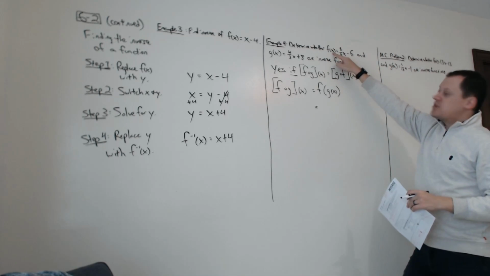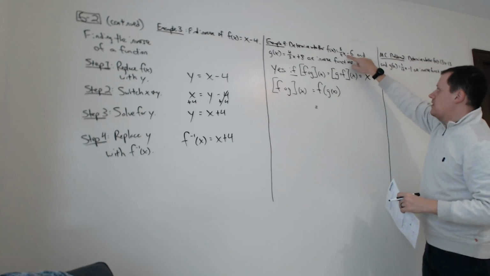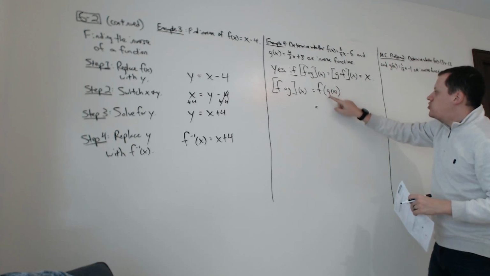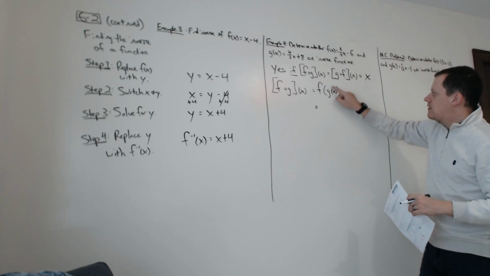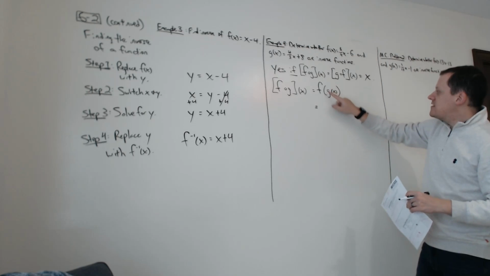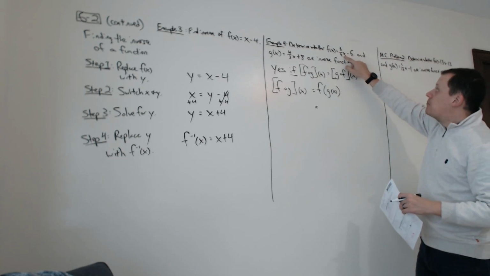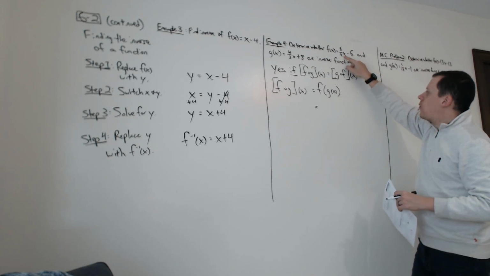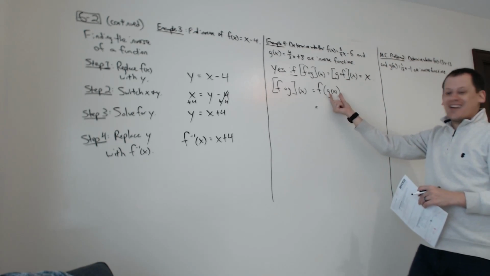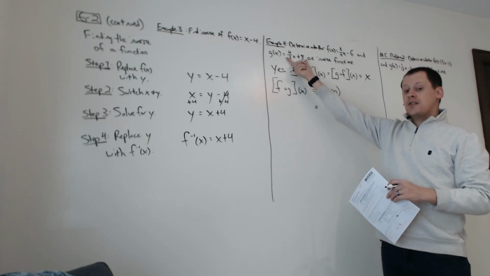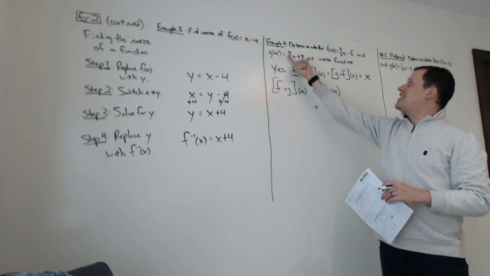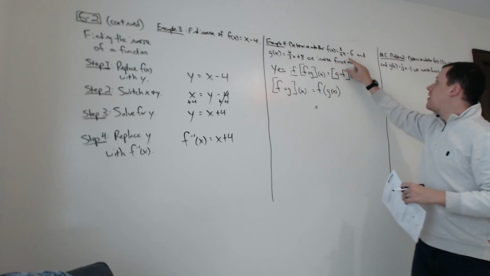But instead of just plugging in an x here, see how we have g of x in here? What this is telling us to do is to use this function, but wherever there's an x, we're going to plug in the function g of x, which is all of this. So we're going to be plugging this entire function in for x here.